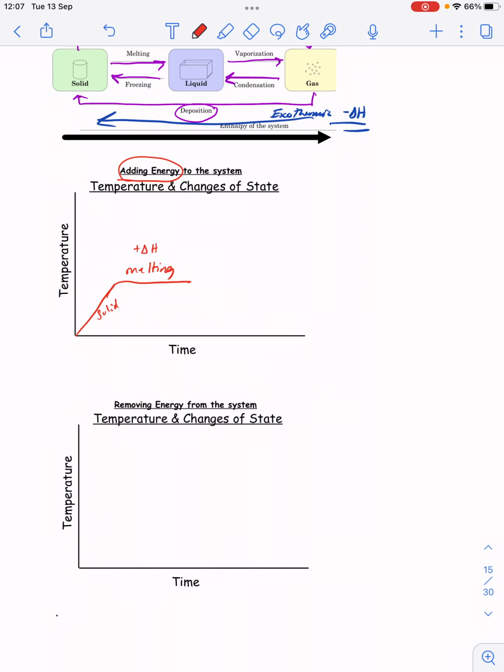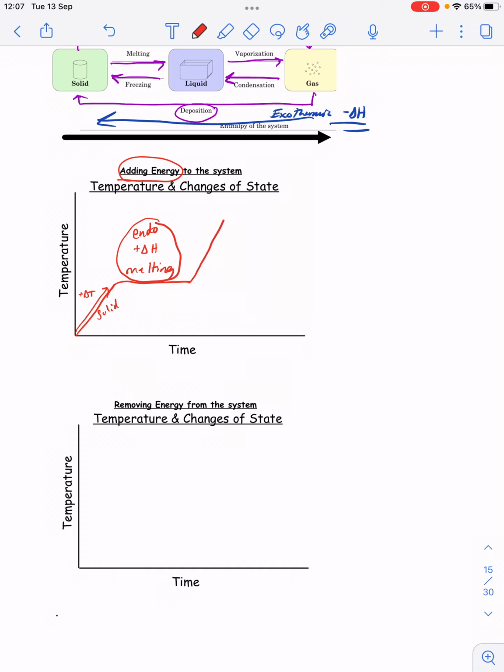So this process here is just warming. We have the temperature is rising of the solid. That's not endothermic. It's just getting warmer. Then, as the solid turns into liquid, we have this endothermic melting process happening, where the energy we're adding is going into the potential energy of the particles. And that's why we don't see the kinetic energy going up. The temperature isn't going up.